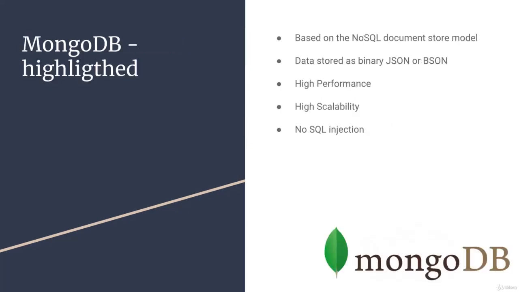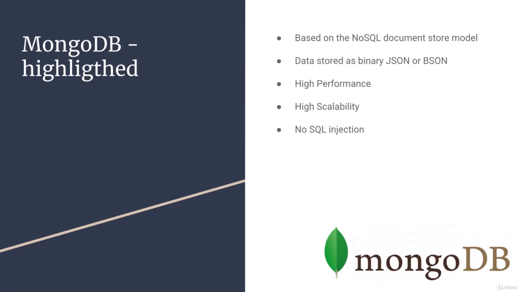So, MongoDB highlighted. NoSQL is based on a document store model, meaning that you will have documents instead of tables. So we will not be storing our data like you might see in a relational database, in tables with rows and columns, but we will be based on a much more document-like approach. And the data that we are storing is either in binary JSON or BSON.